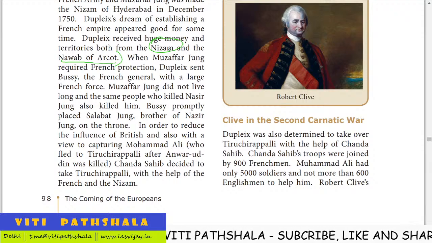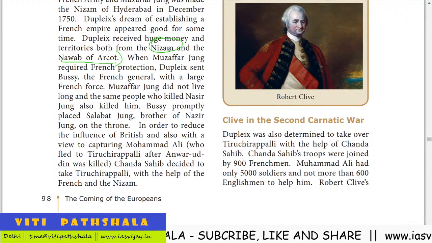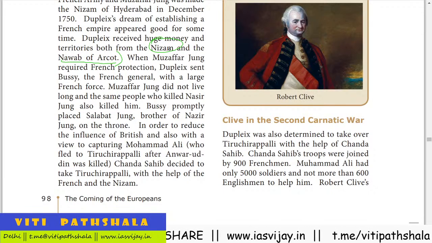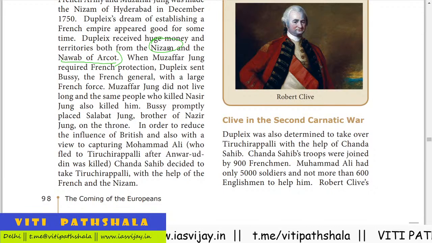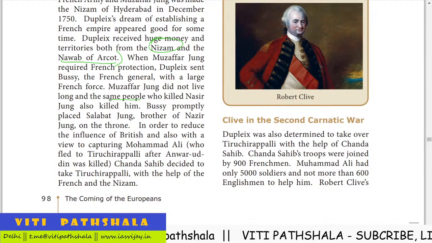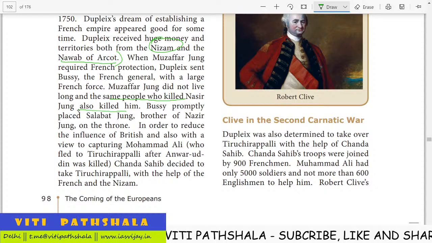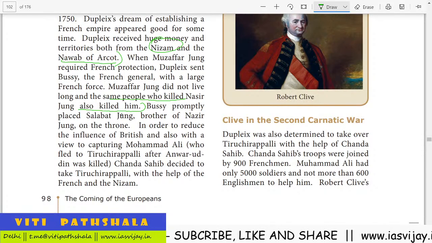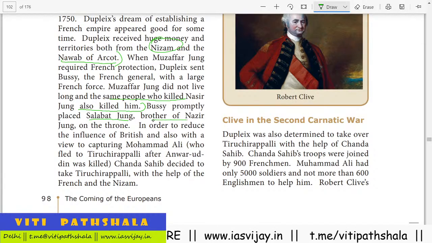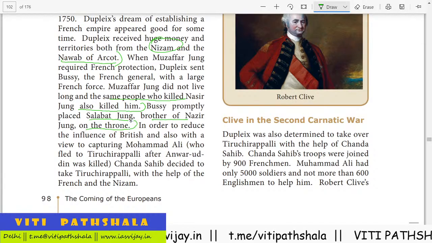When Muzaffar Jung required French protection, Dupleix sent Bussy, the French general, with a large French force. Muzaffar Jung did not live long, and the same people who killed Nazir Jung also killed him. Bussy promptly placed Salabat Jung, the brother of Nazir Jung, on the throne.